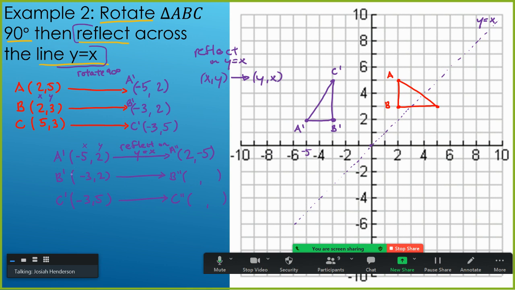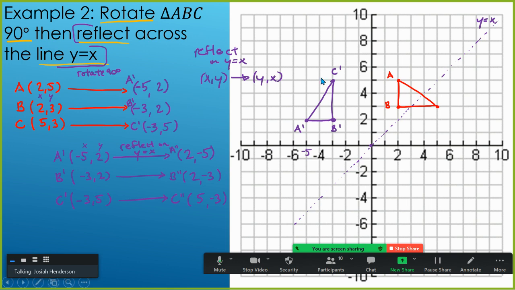So below for B prime, negative 3, comma 2, we swap those, will turn into 2, negative 3. Look at my before and then the after. B prime to B double prime. Let's try it for C prime now. So I'm at negative 3, 5 for C prime. I swap them. And now we have 5, negative 3.